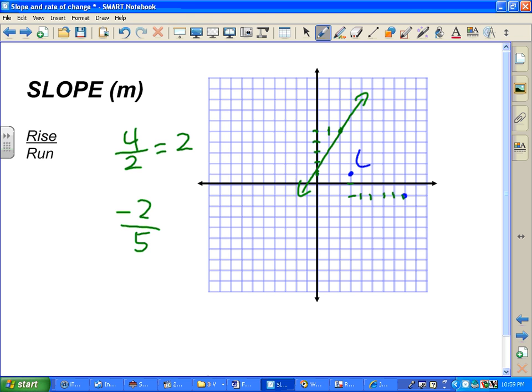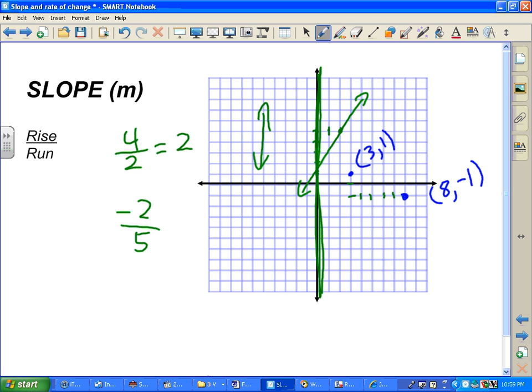So how do we do this without graphing it, just looking at the numbers? Well, I use the coordinates of this point, which is 3, 1, and the coordinates of this point over here, 8, negative 1. Now, rise over run. Rise is obviously dealing with up and down, which means we're dealing with the y-axis.